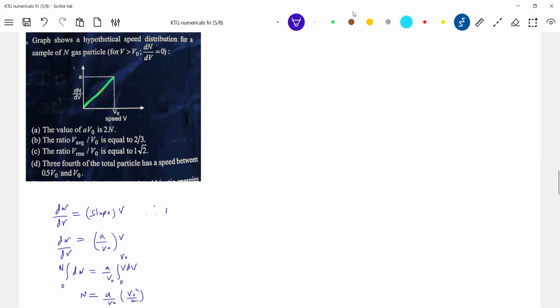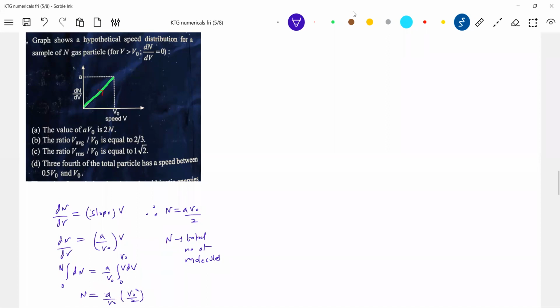So finally, N equals A v naught by 2. Therefore, A v naught is equal to 2N. What is N? What should we call N? Total number of molecules. That is nothing but equal to the area, no? The area under the curve will give the total number of molecules. That's what I did.